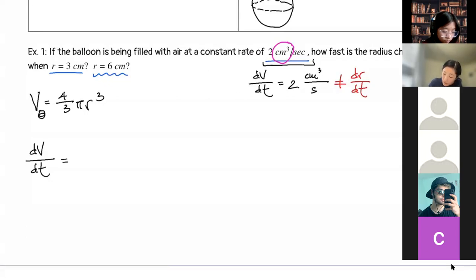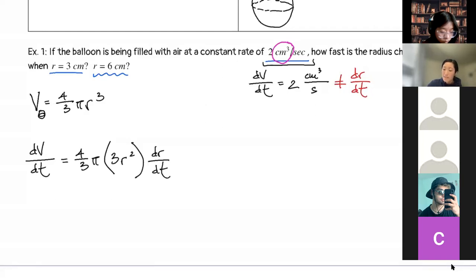Now I'm going to take the derivative of the other side. So I pull all my constants to the front, and then I take a derivative of r cubed. I get 3r squared. But because it's with respect to time, I need to consider the fact that the radius is changing with respect to time.